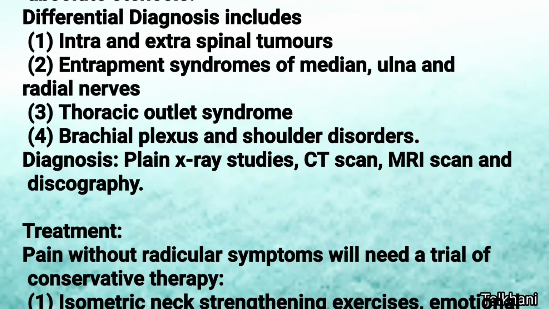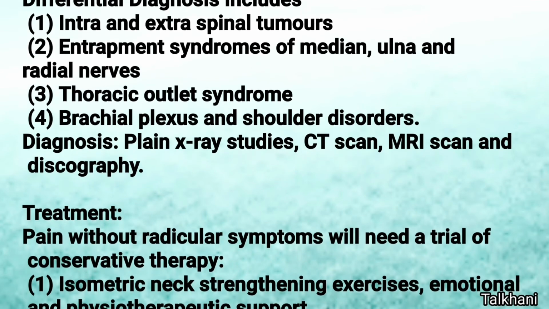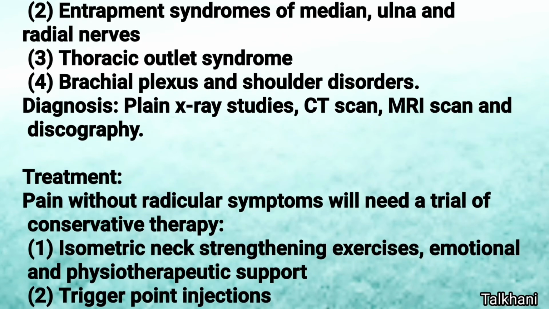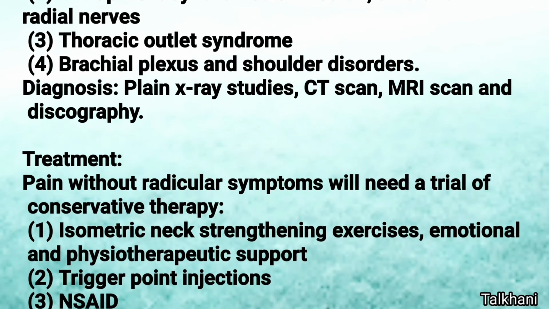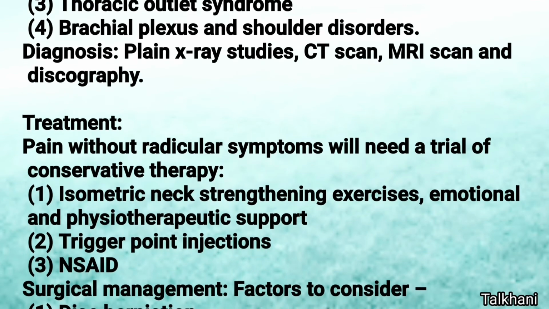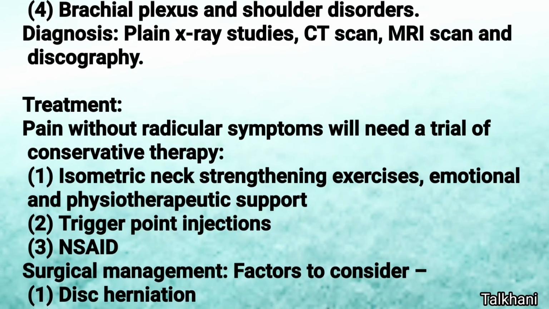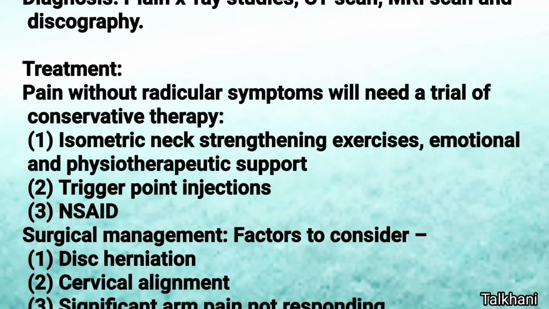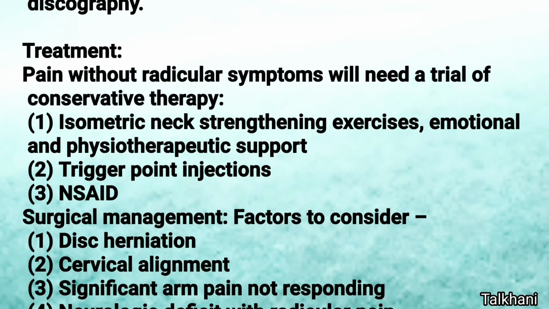Treatment can be conservative or surgical. Conservative therapy for pain without radicular symptoms consists of isometric neck strengthening exercises, emotional and physiotherapy support, trigger point injections and non-steroidal anti-inflammatories.